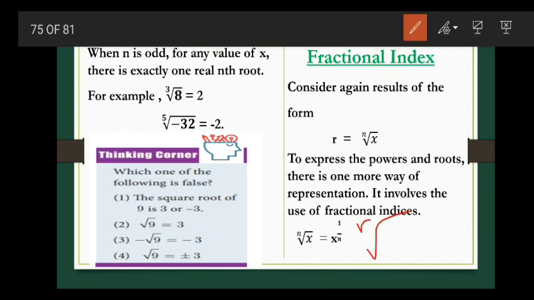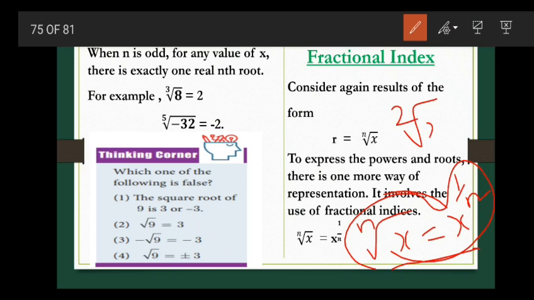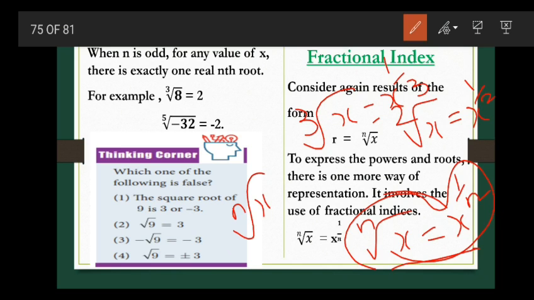Both have the same meaning, only the representation is different. So you can write square root of x as x to the power 1 by 2, cube root of x as x to the power 1 by 3, and nth root of x as x to the power 1 by n.